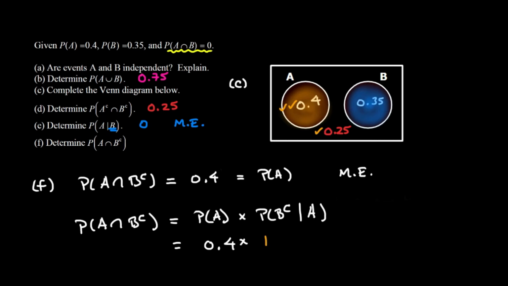So the chances of B not occurring when you know A has occurred, because we're dealing with this ridiculous degree of dependence between these two mutually exclusive events, makes this a guarantee. As soon as A has occurred, it prevents any chance of B occurring.